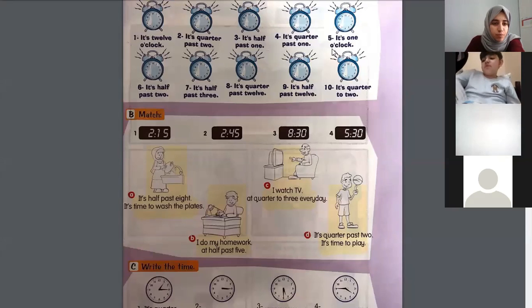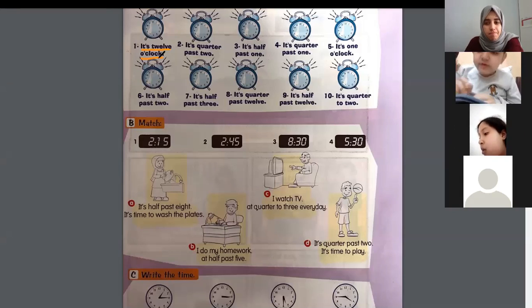Bashair, look at number 1. Where do I draw the short hand? It's 12 o'clock.